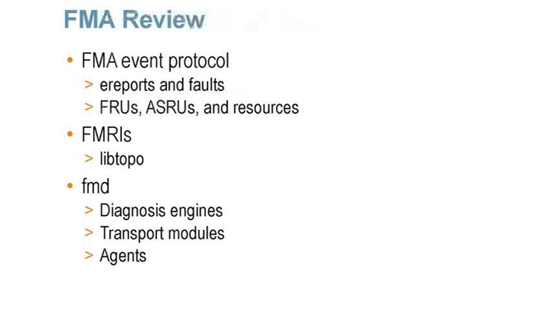So for example, a disk may assert a SMART predictive failure bit, and we'll convert that into an e-report by polling the disks. Most of the time, e-reports are generated from stuff in the kernel, but you can also have transport modules that live in userland. And finally, there are agents, which respond to faults and do various things. Typically, these are called retire agents, but they can do a bunch of different stuff.